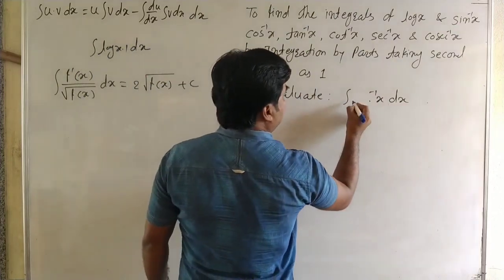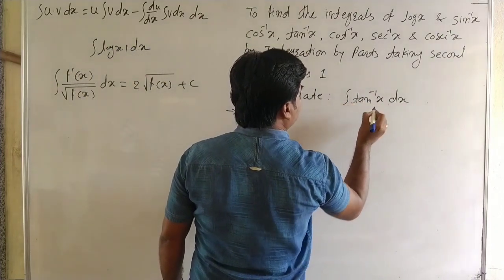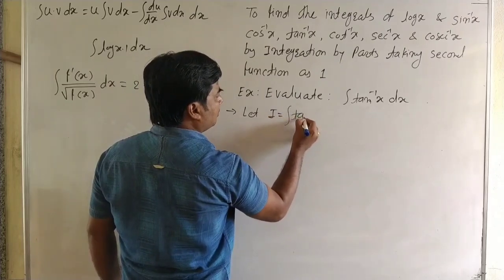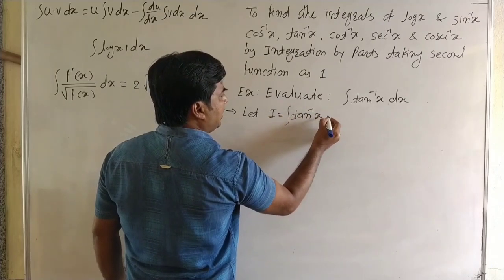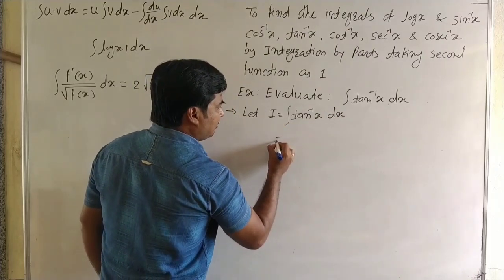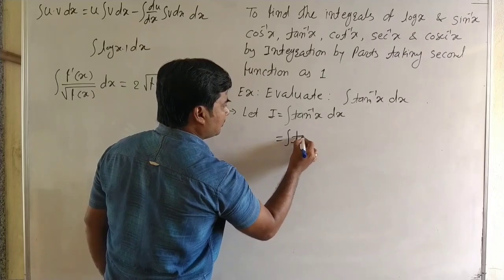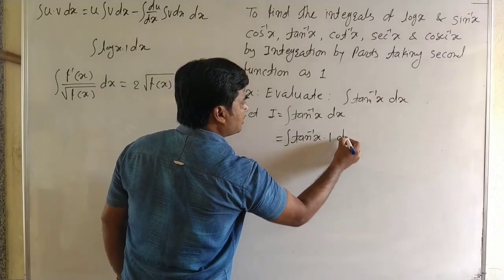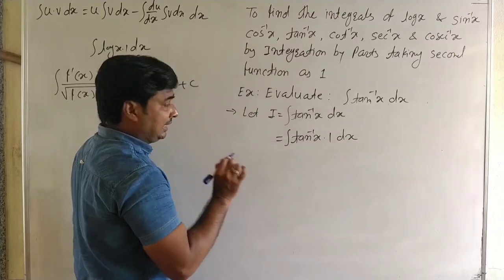Now it is the integral of tan inverse x. We can find the integral of tan inverse x dx by taking the second function as 1. See carefully, tan inverse x into 1 dx. Now we use integration by parts.